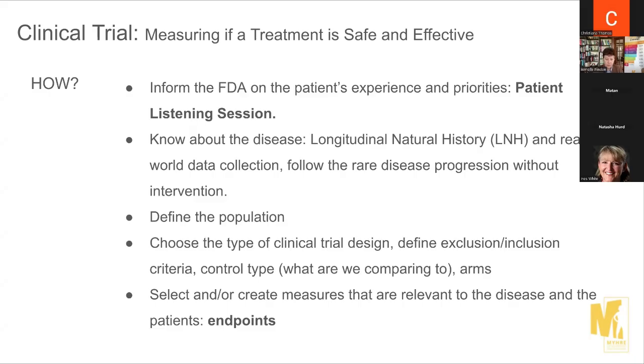You need to follow people during their life and understand the small characteristics of their disease in their everyday life. How do they go down the stairs? How do they wake up in the morning? How can they get into their car? All these kinds of everyday life events that are characterizing the life of the patient.